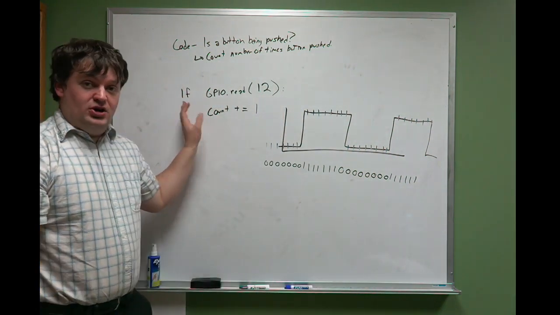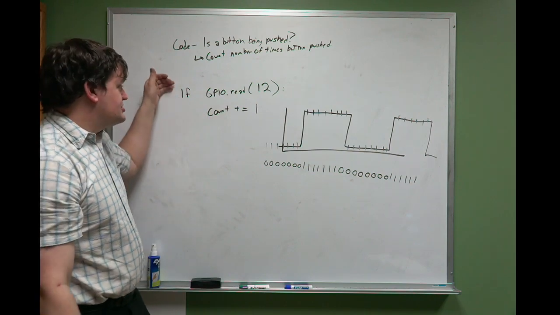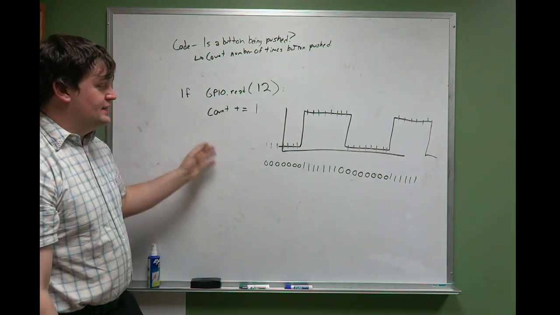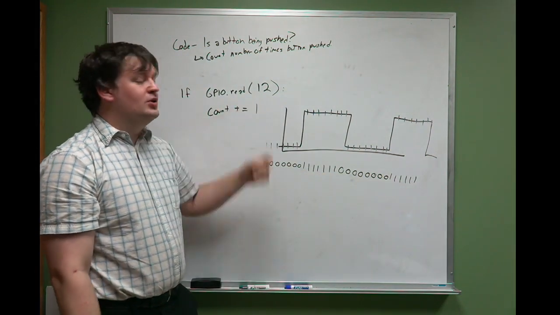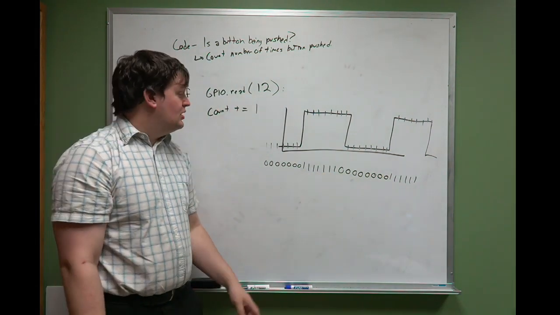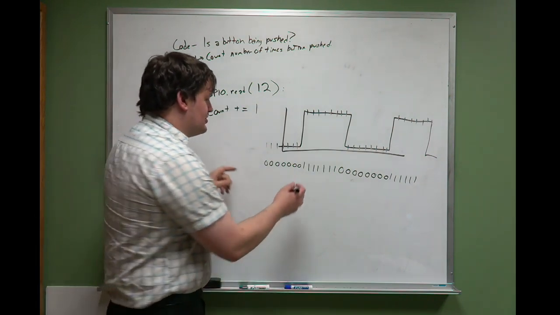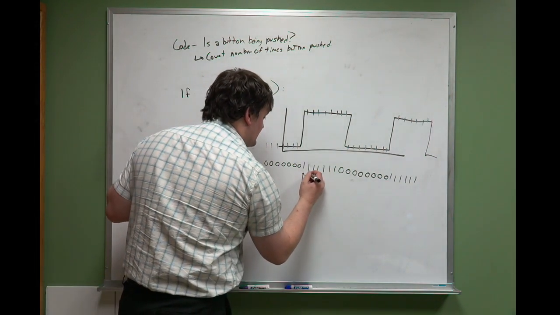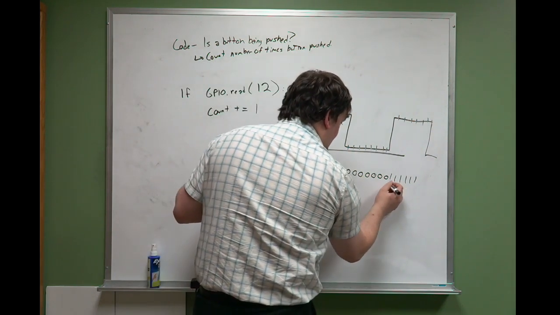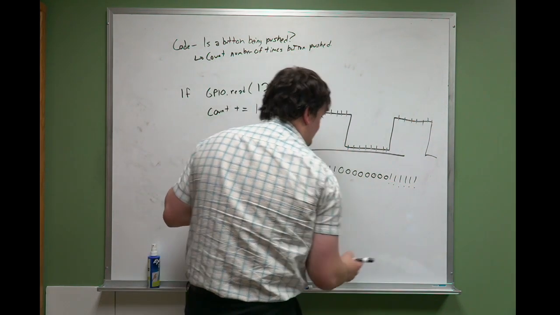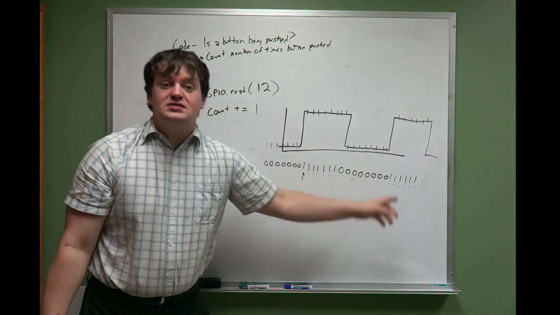If I run this code, where every time it reads a true value in this data stream of button presses being read in through pin number 12, it's going to add 1 here, here, here, here, here, here, here. That's 7, 8, 9, 10, 11, 12, 13. I push the button twice, and this is going to read 13.